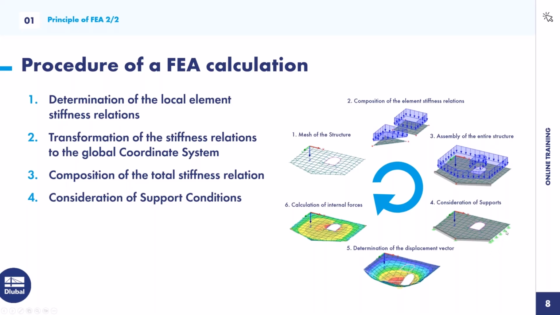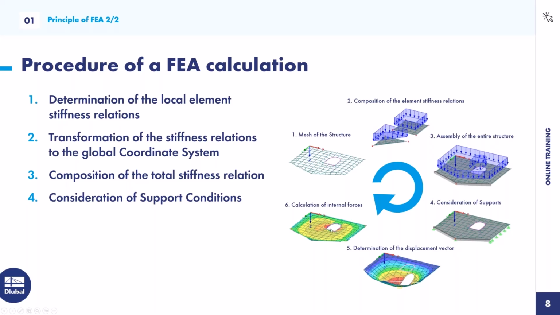For this line support, there's a degree of freedom in the vertical direction, and it's completely blocked. So we can just strike out the corresponding entry in the stiffness matrix and the displacement vector.